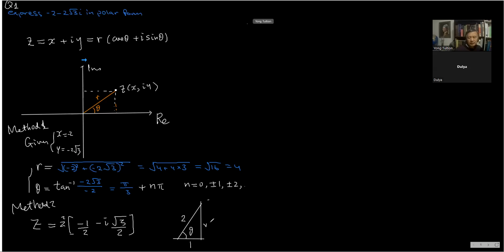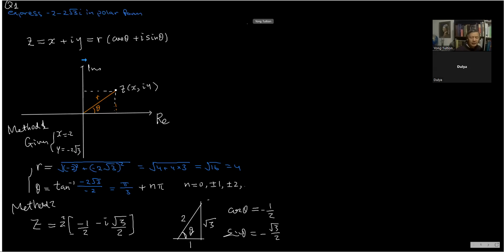So cosine theta must equal -1/2, and sine theta must equal -√3/2.